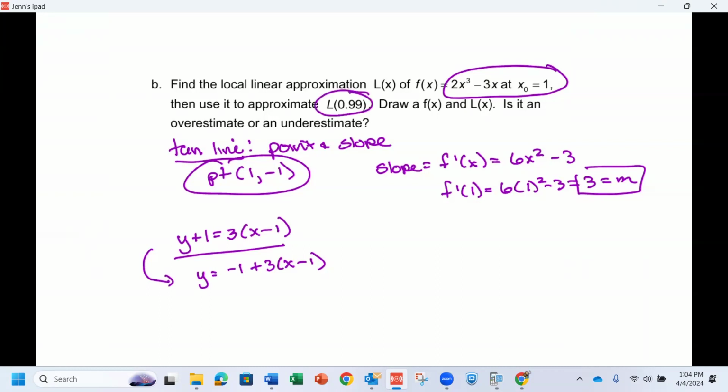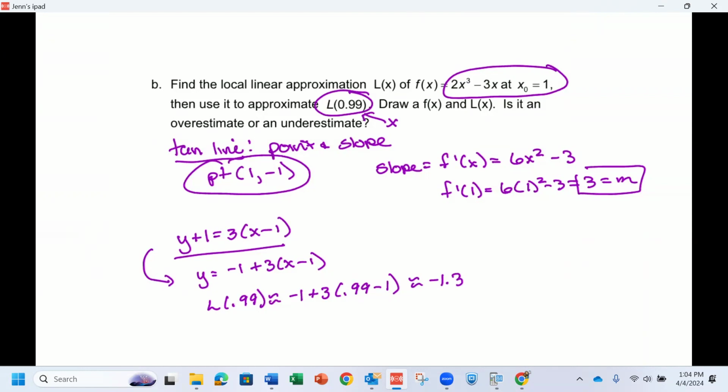They want me to approximate what L of 0.99 is. 0.99, remember, is my x value that I'm going to plug into that particular equation. So L of 0.99 is going to be approximately equal to negative 1 plus 3 times 0.99 minus 1, which is about negative 1.03.